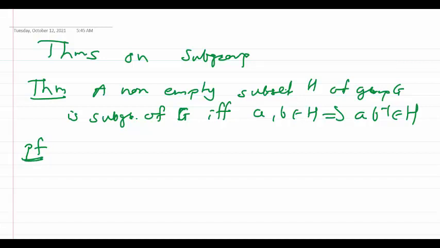We have to prove in both ways, if and only if.